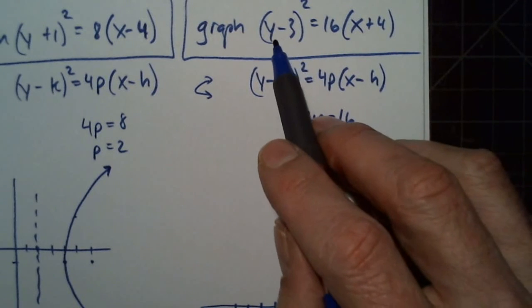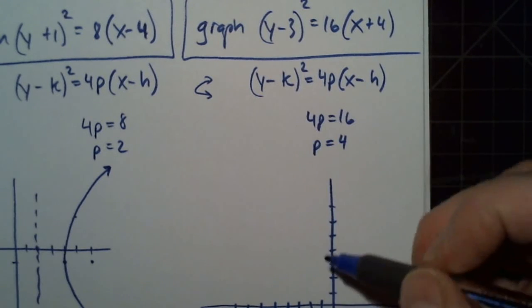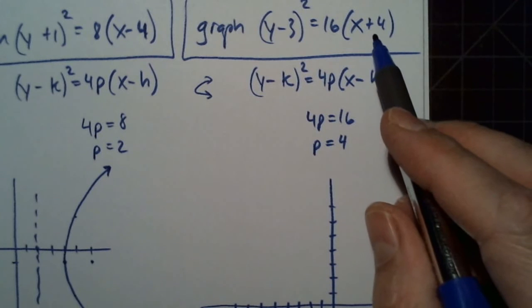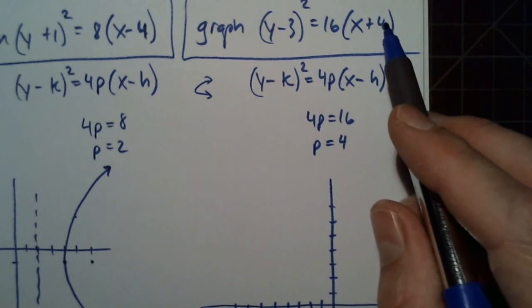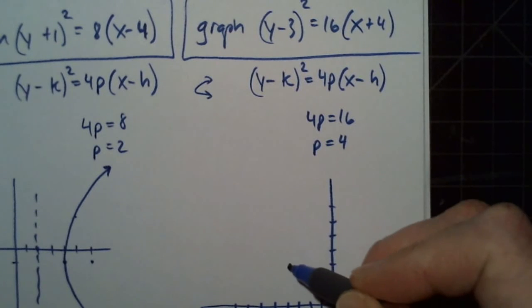Here we're going to move vertically 3 for the vertex, and then we're going to move horizontally to the left 4. 3, 4.